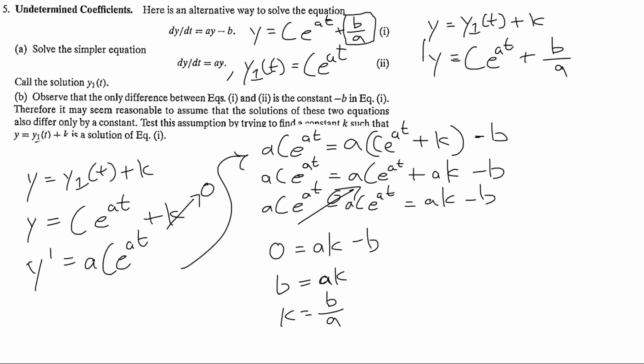And if you look at this equation that we just ended up with, this is actually the exact same equation that we ended up with over here once we solved it, right? This is just an alternative way of solving this equation that tells us that k is equal to b over a, and it satisfies this assumption, right?